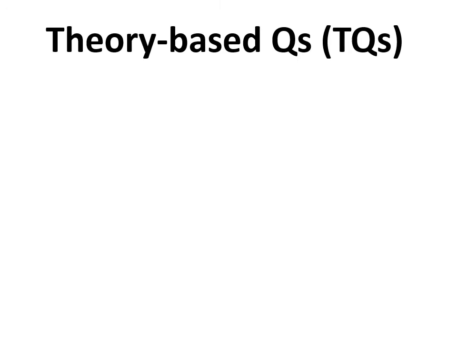So Spickard's second stage in designing an interview guide, or an interview protocol, some people might call it, is to develop theory-based questions. So Q here stands for questions. And you'll notice that there's an S on there to imply that it's not just one question.